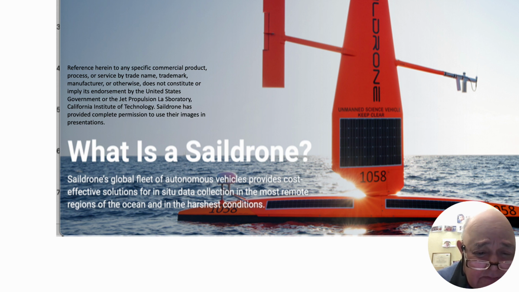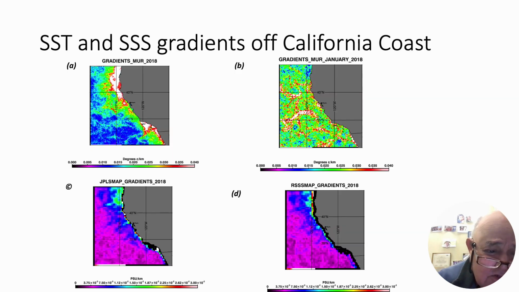It has an ADCP, an acoustic Doppler current profiler, on board also. Those are just some of the instruments that Saildrone carries. And so it's a very, very unique technology for being able to actually validate and also examine fronts in the ocean. So this is just kind of an example I wanted to throw out.